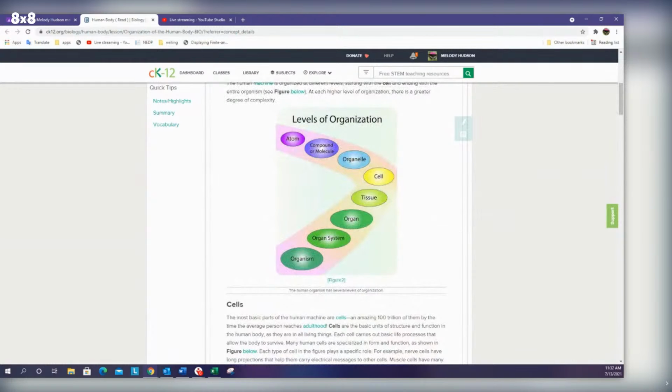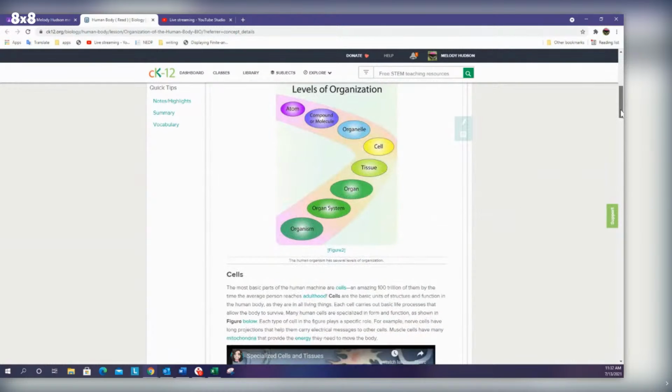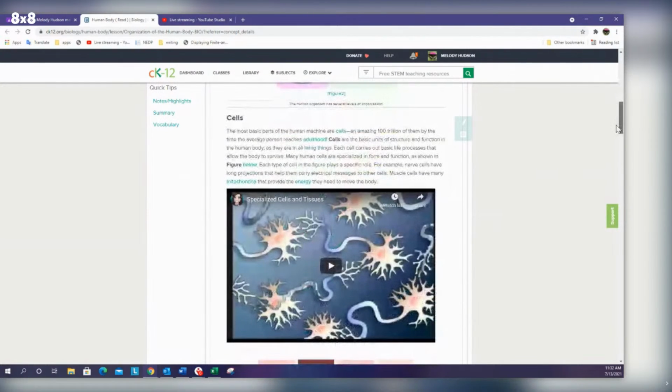As we already know, we're going to start with cells. Those are the basic parts of the human machine, and we've got about 100 trillion of them by the time we reach adulthood. Cells are the basic units of structure and function in all living things and in the human body. Some are specialized.